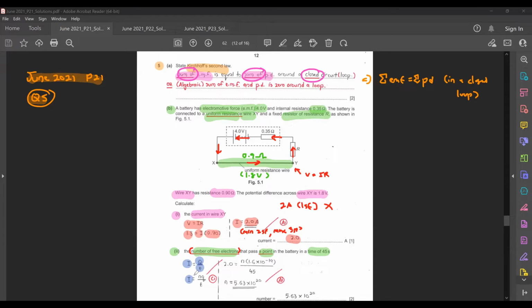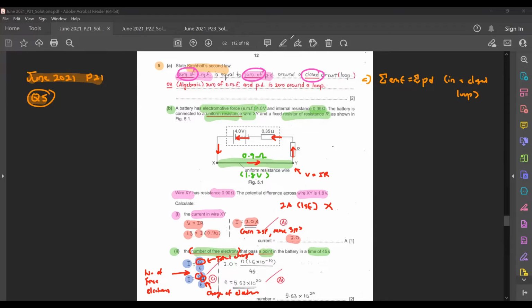You can further expand this to become I equals N times Q divided by T, where N is your number of free electrons and Q is your charge of an electron. Okay, the big Q you see here is just referring to total charge.